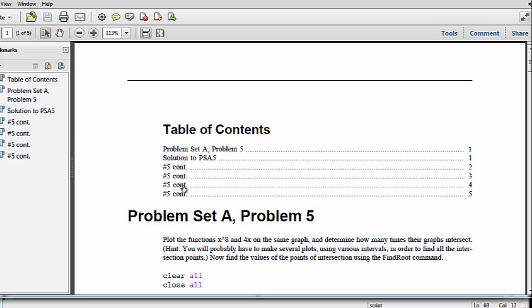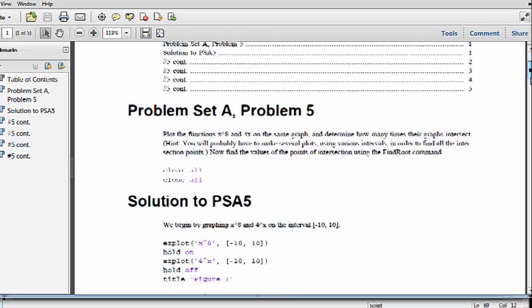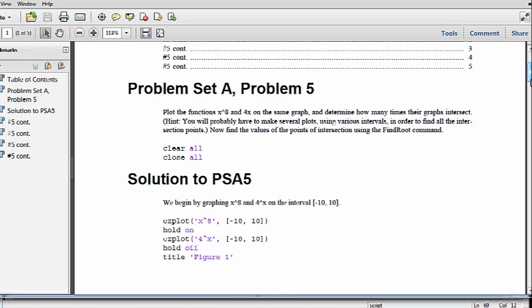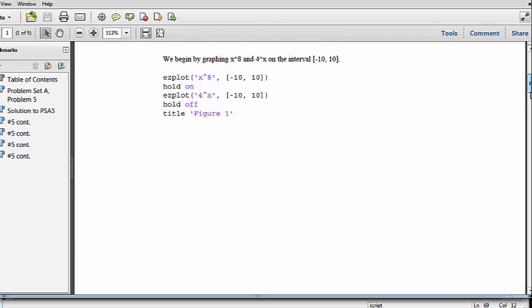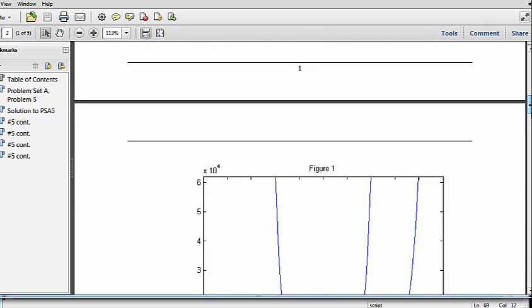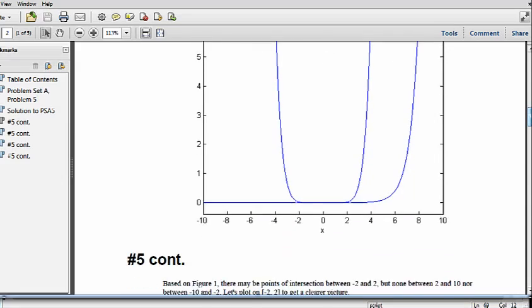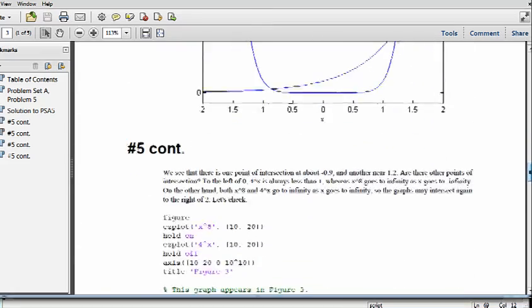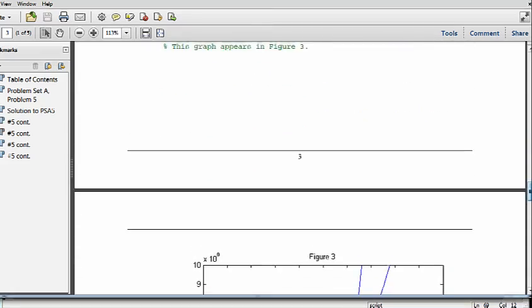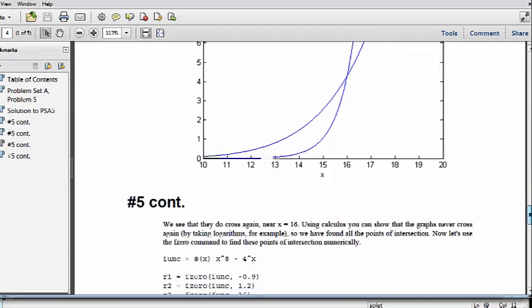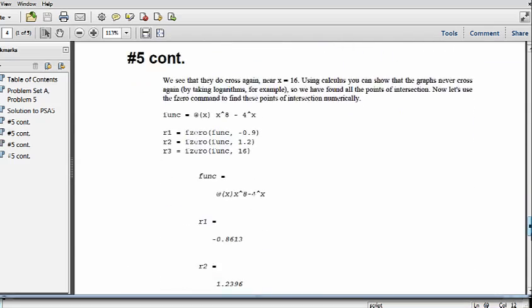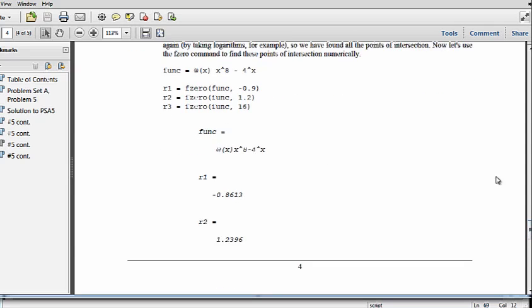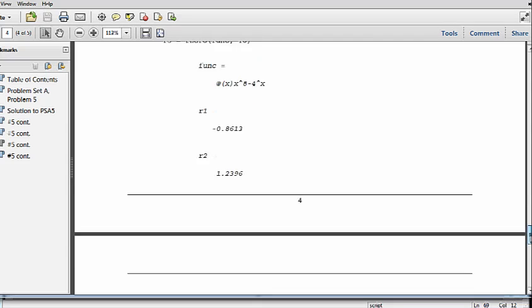Those are the titles of the cells, and here's your PDF document, which contains the comments, the commands, and the output. Our output was graphics in most instances, and later on we had some non-graphical output. Let's just check that it's there. There it is, the results of running fzero.